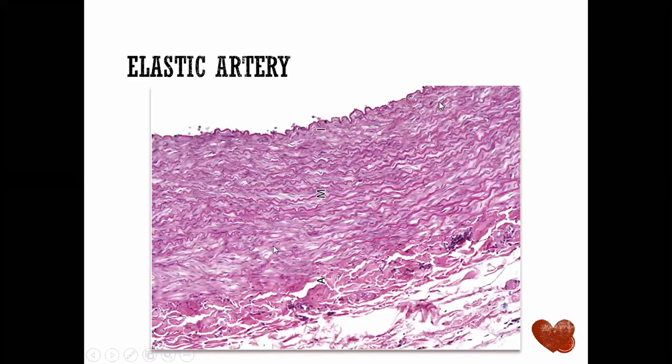Okay, intima, like that. Of course, you have here the first, the endothelium. So you have your intima, you have your media, up to here, and you have your adventitia. So this is your elastic artery.